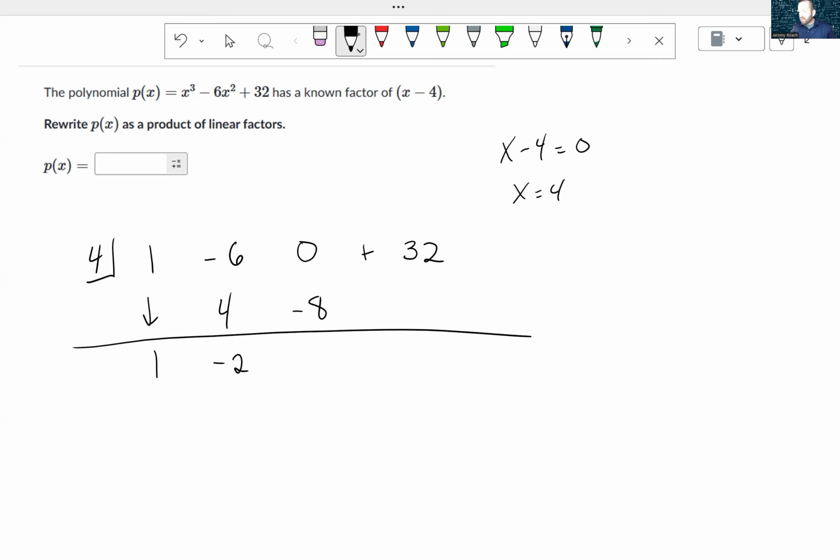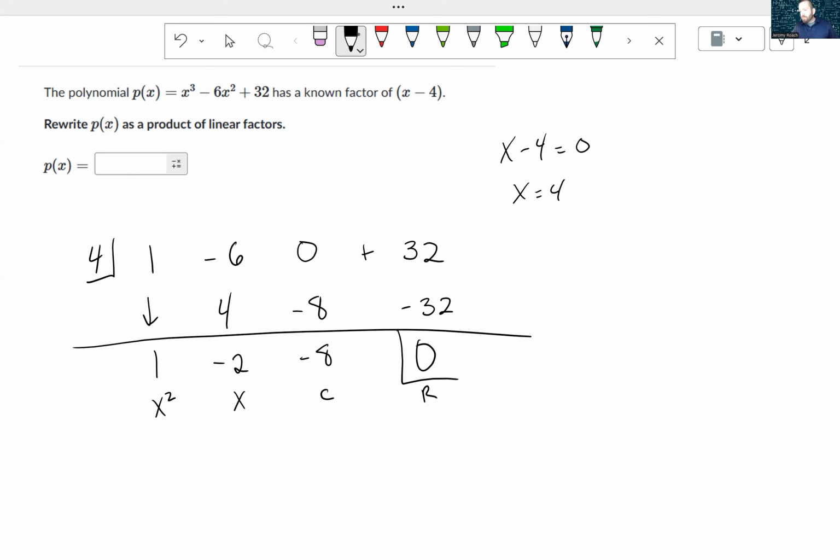Bring the -8 down because that's just plus 0 times 4 is -32. Add those together and we get a remainder of 0. So this is x squared, x, our constant, and our remainder.